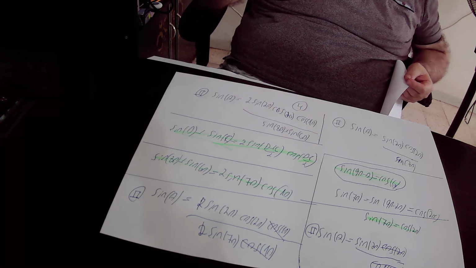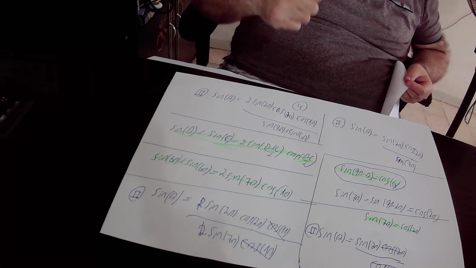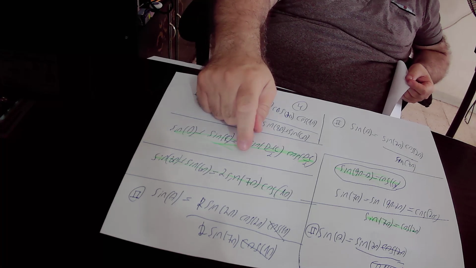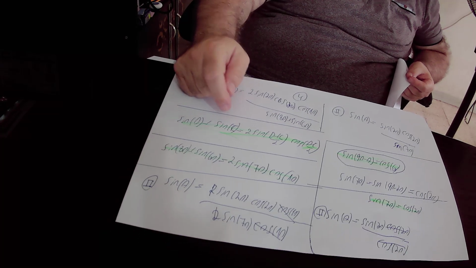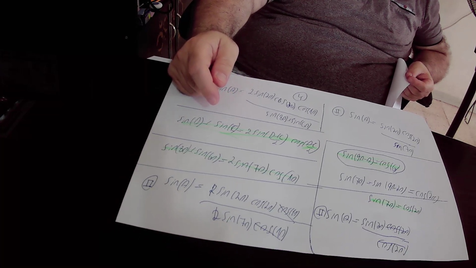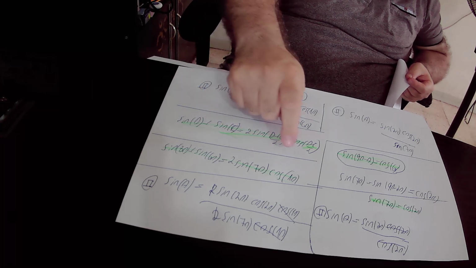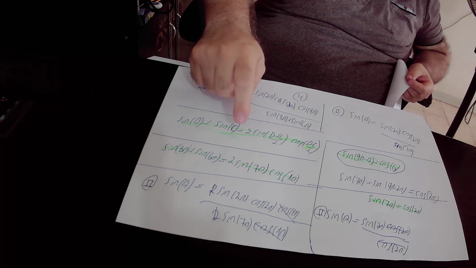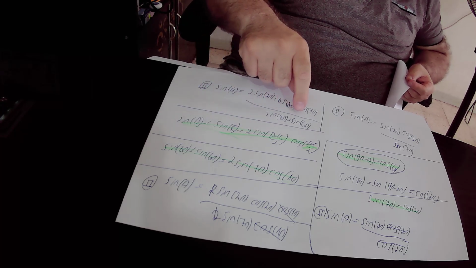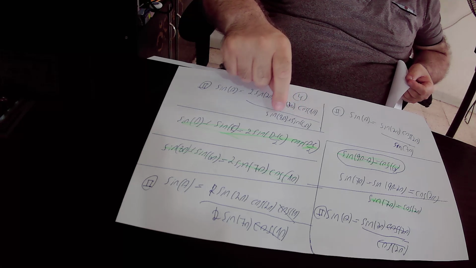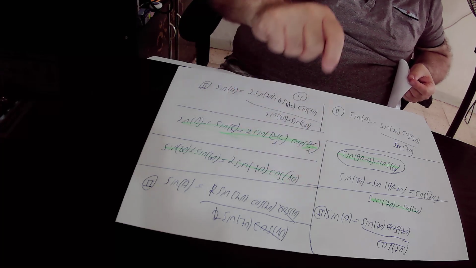So in conclusion, sin 80 degrees plus sin 60 degrees equals 2 times sin 70 degrees times cos 10 degrees. Therefore, in the denominator, instead of sin 80 degrees plus sin 60 degrees, we get 2 times sin 70 degrees times cos 10 degrees.